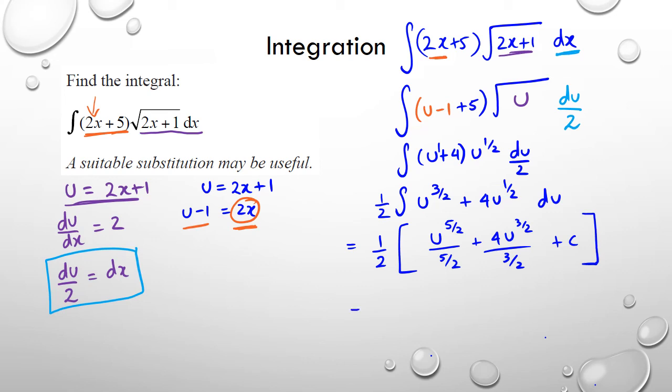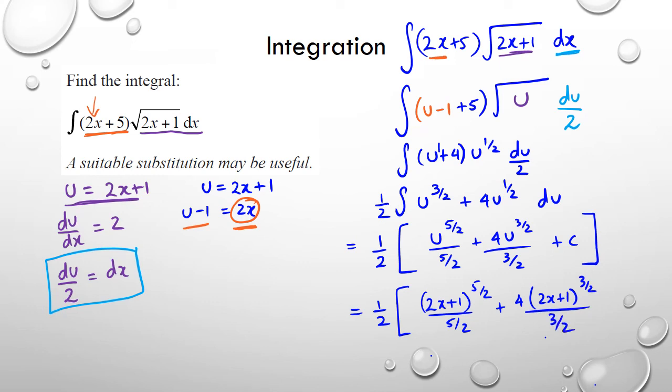From here, you guys don't need to simplify it. Just replace the u with 2x plus 1. So your final answer would look like this. A half. Instead of u, you have 2x plus 1 to the power of 5 over 2, over 5 over 2, plus 4 times 2x plus 1 to the 3 over 2, over 3 over 2, plus c.